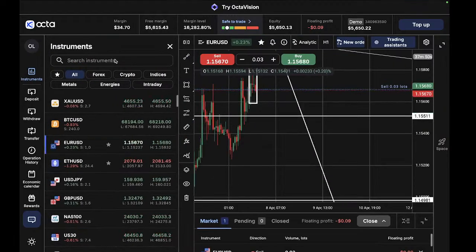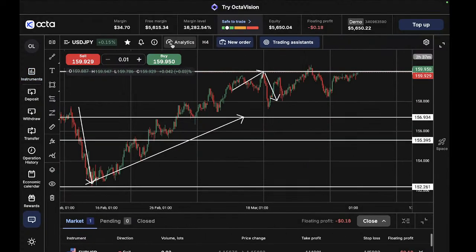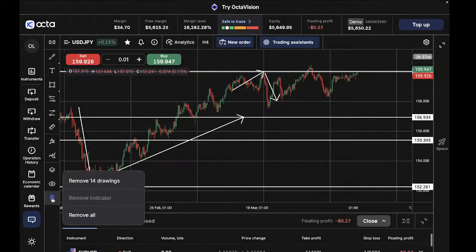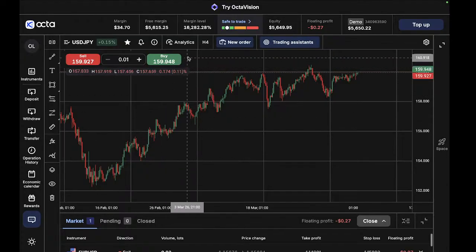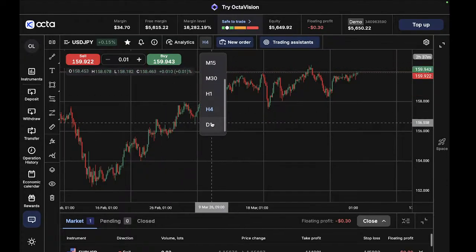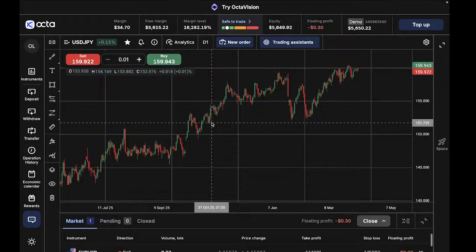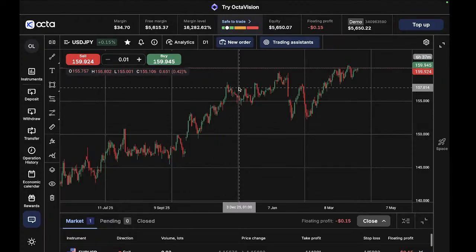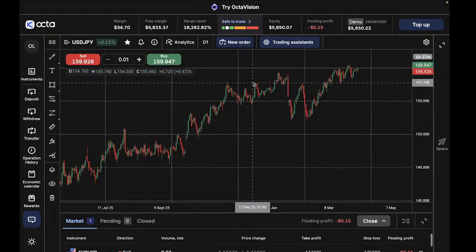Let's look at the USD JPY. So we'll start with the daily time frame. Are we together? All right.